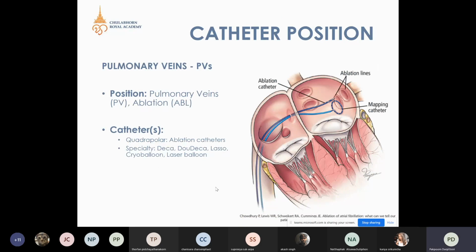Okay, as I said before, the pulmonary veins are all connected to the left atrium. So the pulmonary veins are, let's say, a location that can generate the abnormal signal.